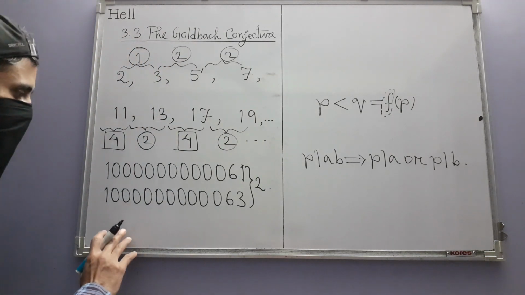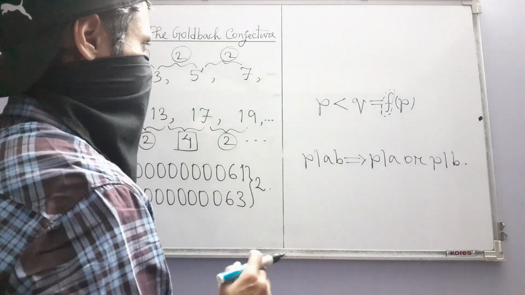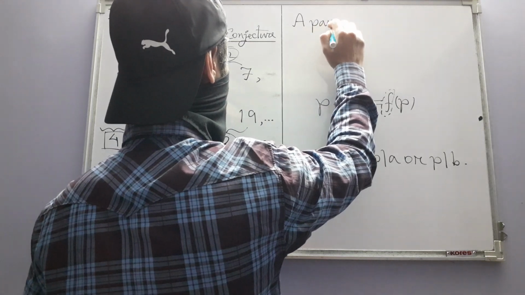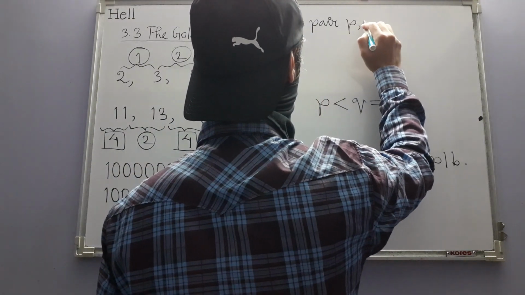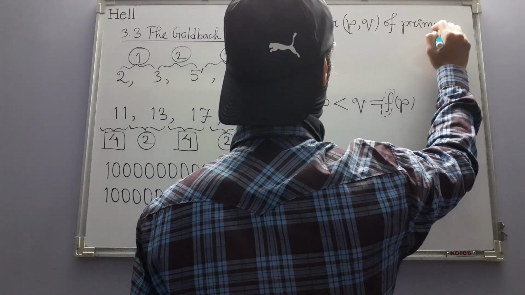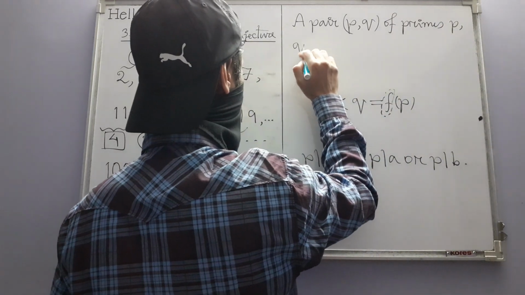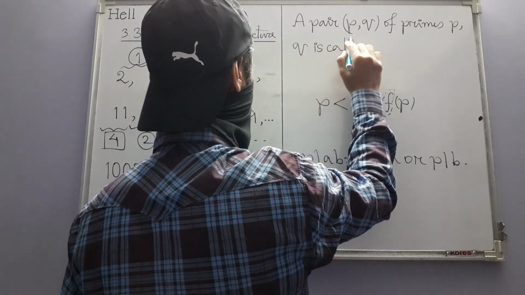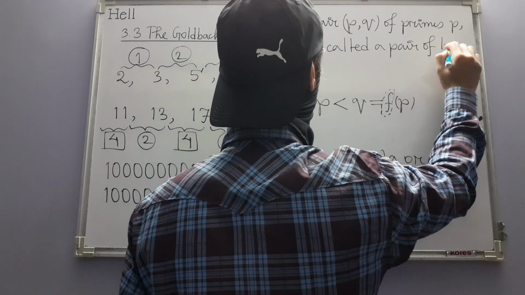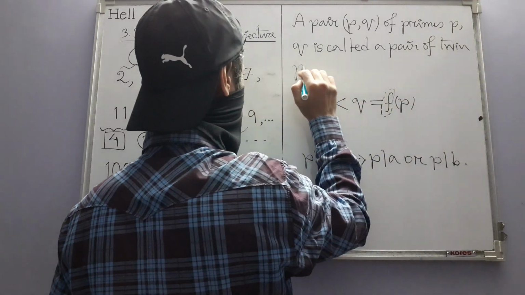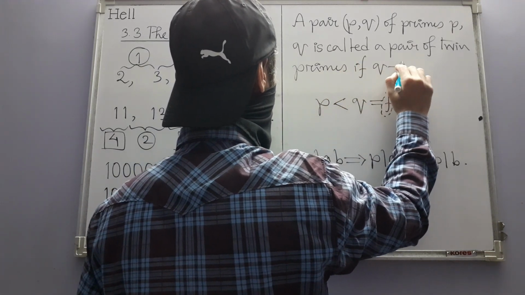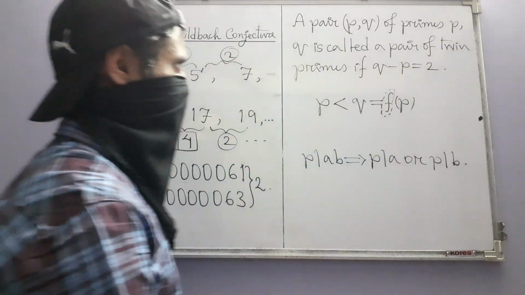Now, to state this conjecture, there is a small term, twin primes. A pair of primes p and q is called a pair of twin primes if q minus p is equal to 2.